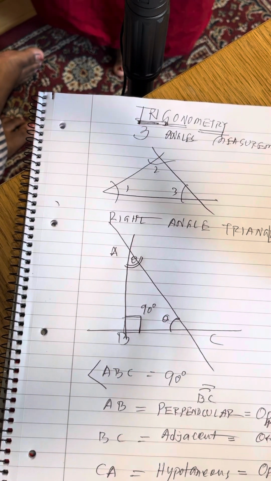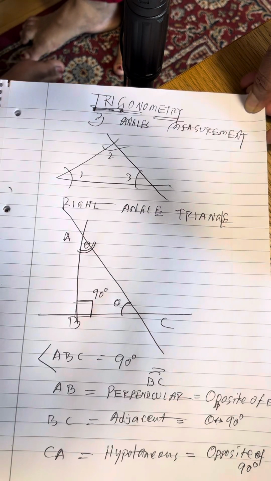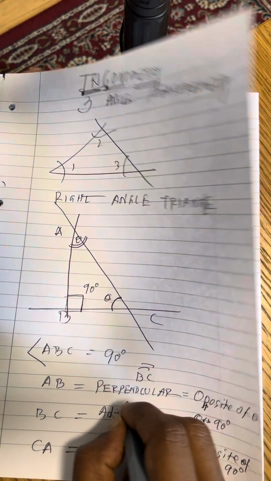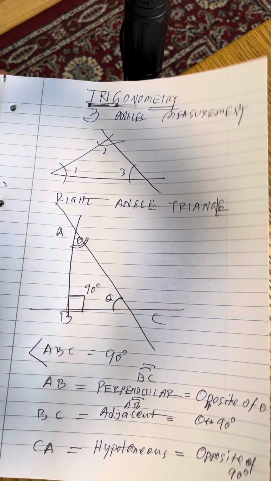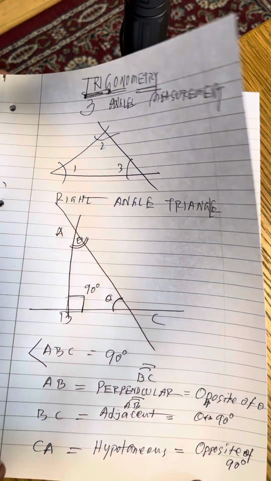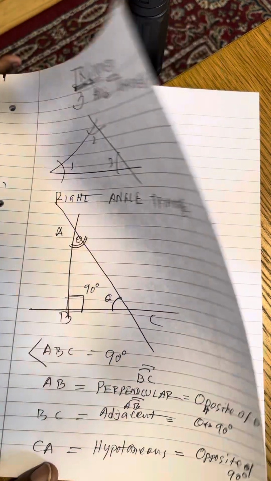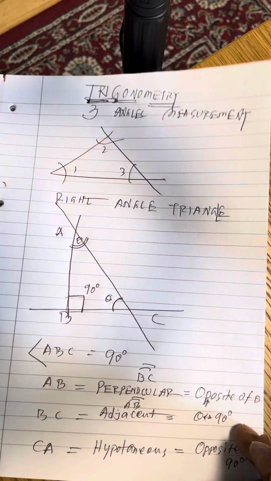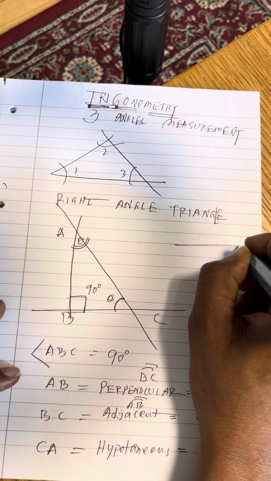And the adjacent will be AB, right? And the hypotenuse remains the same because the right angle didn't change. So this is the basic understanding of the right angle triangle. It can be in many different forms.